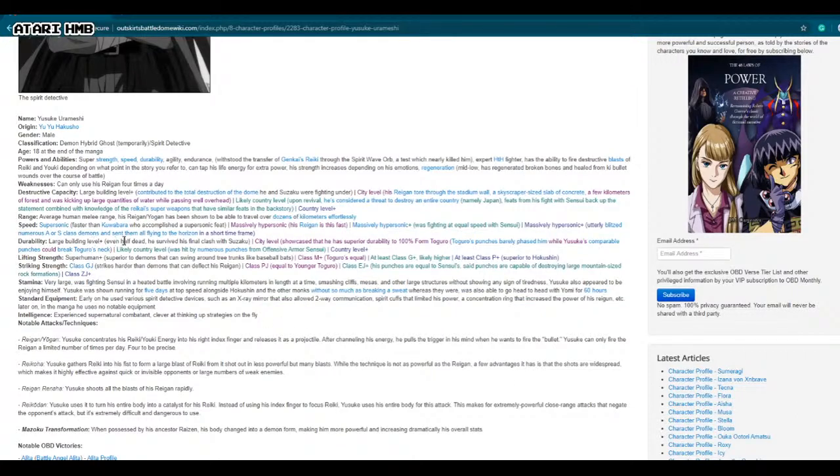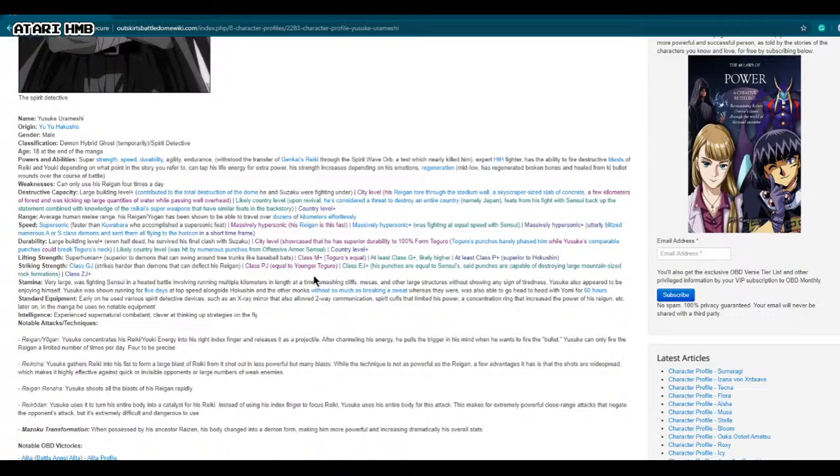Large building, even half dead. City to grow punch. Offensive armor, country level. Superior lifting strength, superhuman plus. Class M to girls equal. This doesn't make any sense.